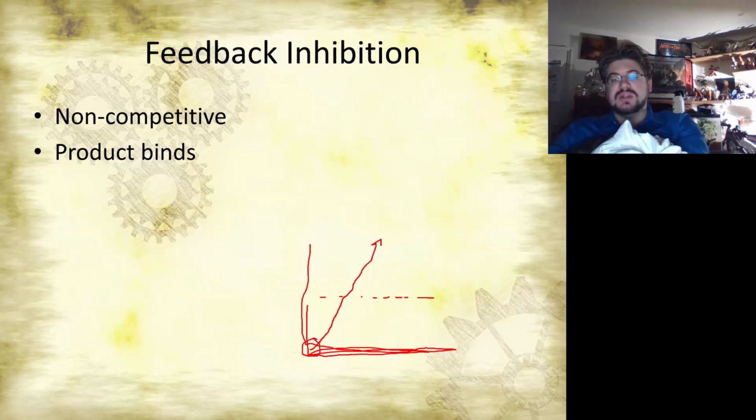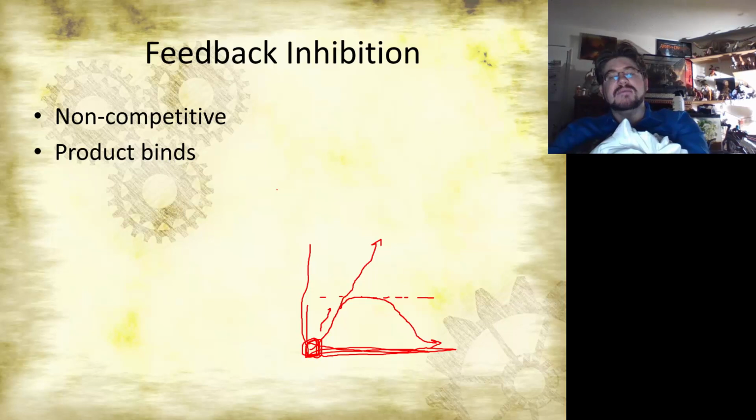Down here where we have a low product concentration, we're not going to get a lot of enzymes bound up by the product. But as the concentration increases, we get more product around the enzyme. The more product we have around the enzyme, the more enzymes are likely to get shut off. And so as we increase, our reaction rate decreases. And if we bind them all up, it may even stop.